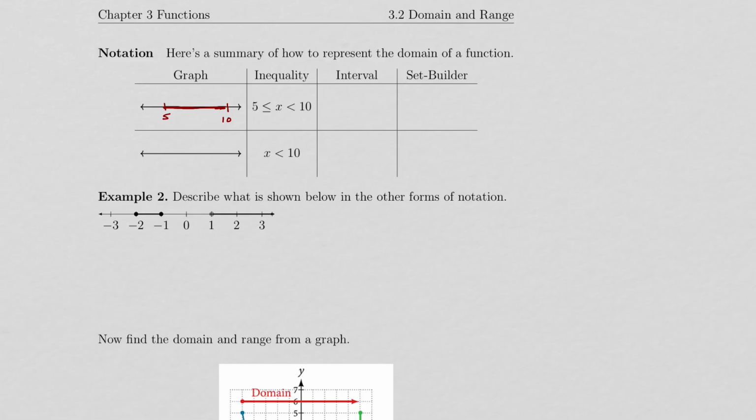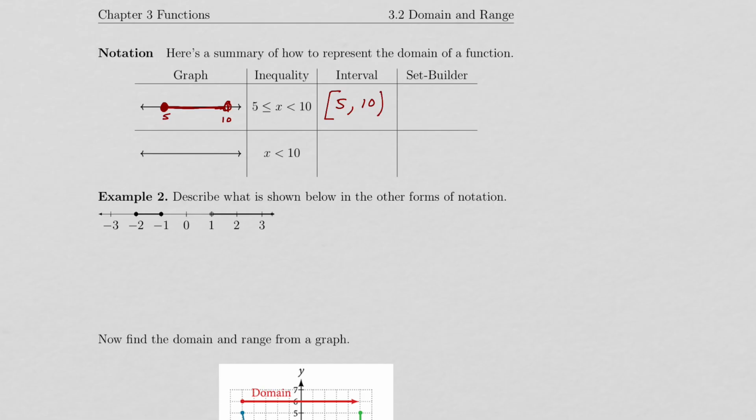But I'm including the endpoint 5, so that's got to be a filled in circle. And I'm not including the endpoint 10, so this is going to be an open circle. In terms of interval notation, remember it's going from 5 to 10, but I'm including the endpoint 5, so I have to use the square bracket. And for the 10, I'm not including it, so I use a parenthesis.